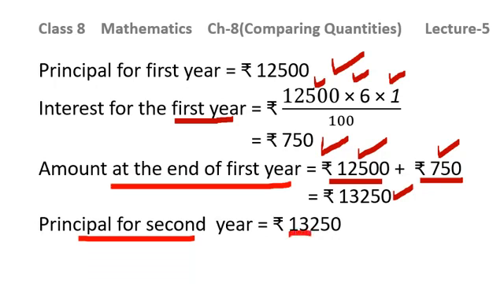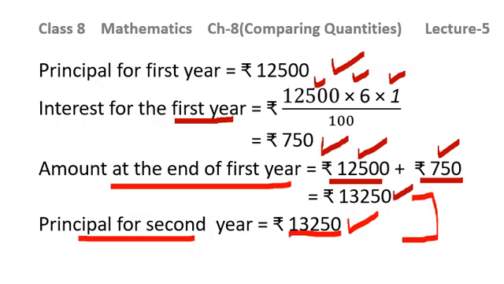This is the amount of the first year, and this will be the principal for the second year. As I told you, in simple interest, principal will remain same. Interest will be calculated on the same principal for as many years as are given to you. But in case of compound interest, the amount of the previous year will be the principal for the next year.